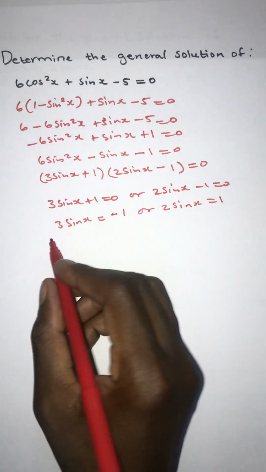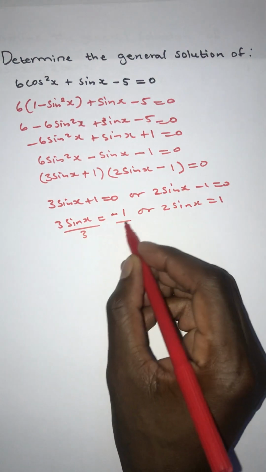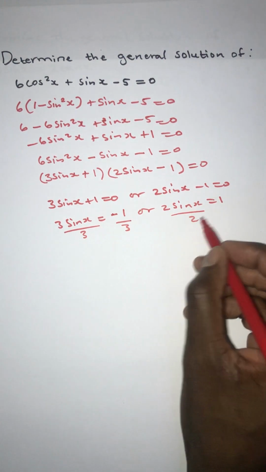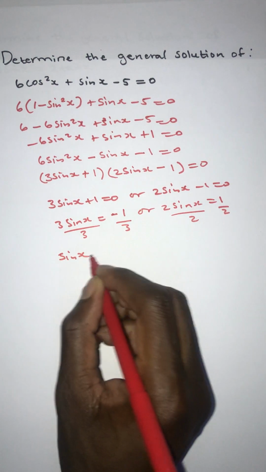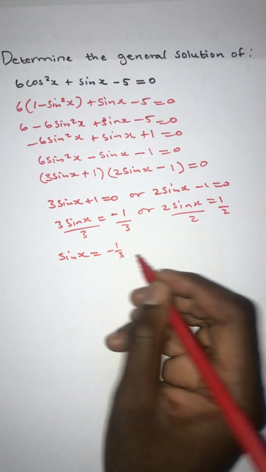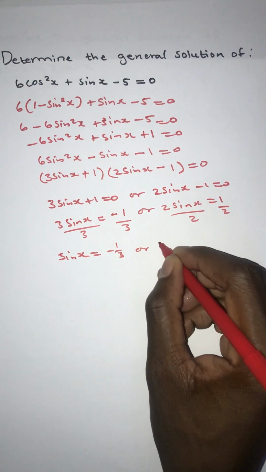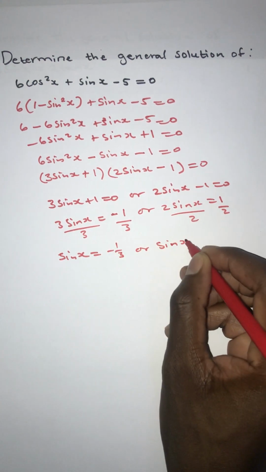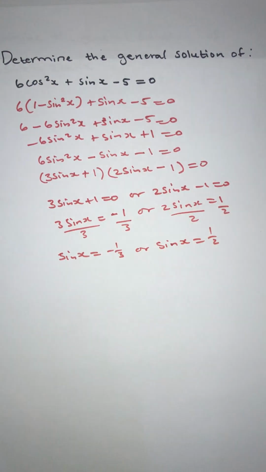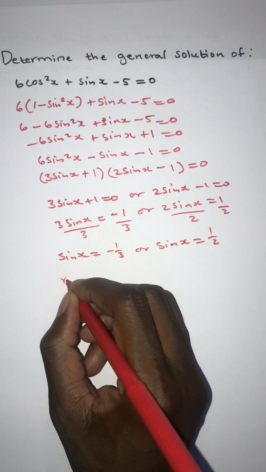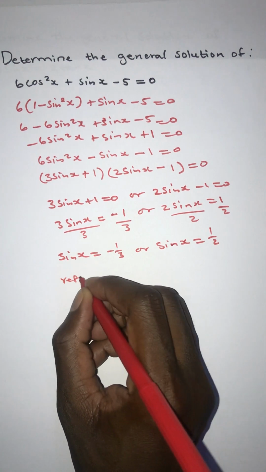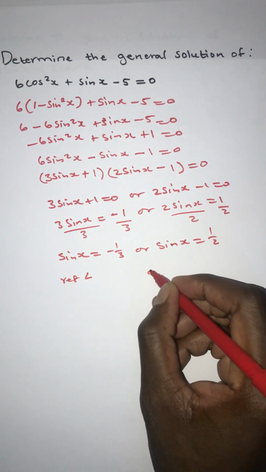So we divide by 3, divide by 3. This side divide by 2, divide by 2. So sine x is equal to negative 1 over 3, or sine x is equal to 1 over 2. So on both sides we are looking for the reference angle.